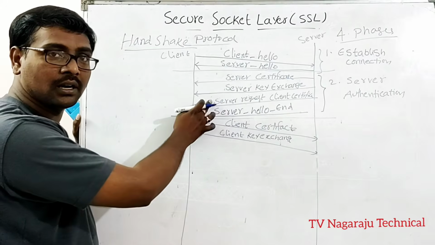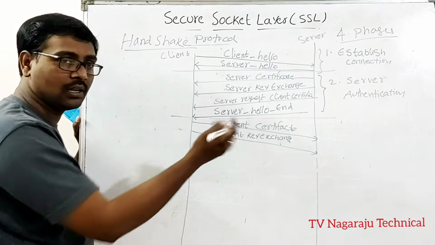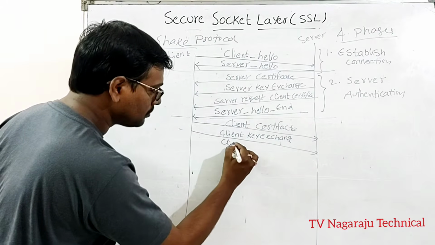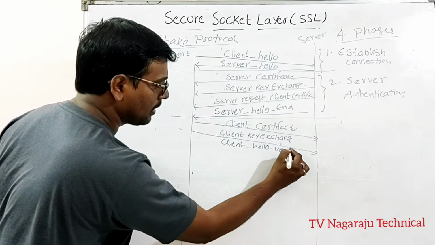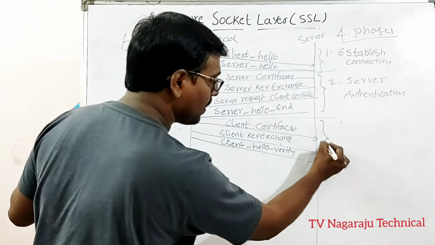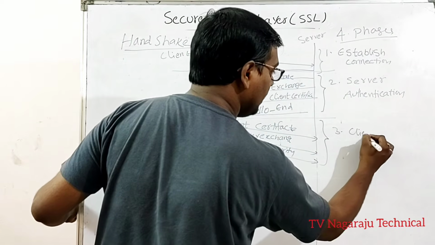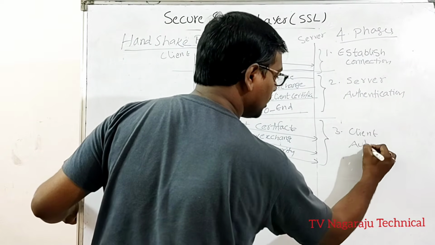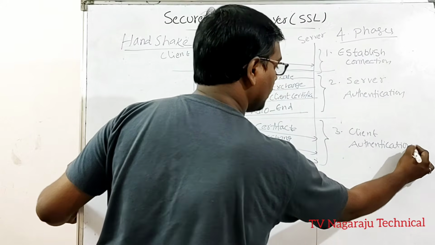The request is not required at all. Why? Already I got the server certificate, I am sending the client's. Now client hello verify is transferred. That means the third phase is simply client authentication.